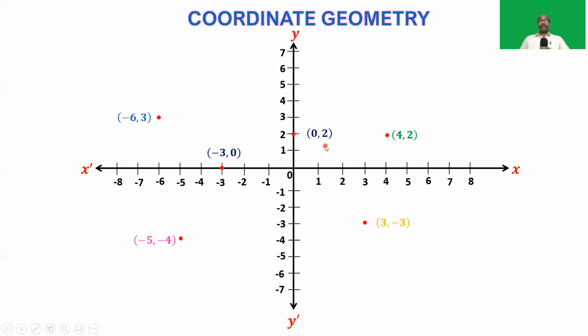So in this way, the x coordinate of any point that lies on the y-axis is 0. Okay, and as the origin lies on both axes, its coordinates are (0, 0). Okay, students, this is the way of plotting the points in a coordinate plane.